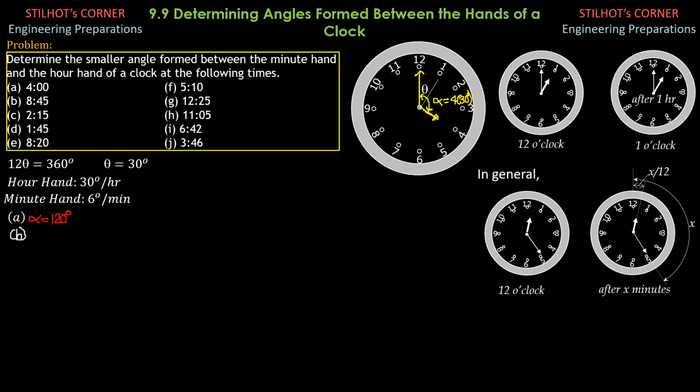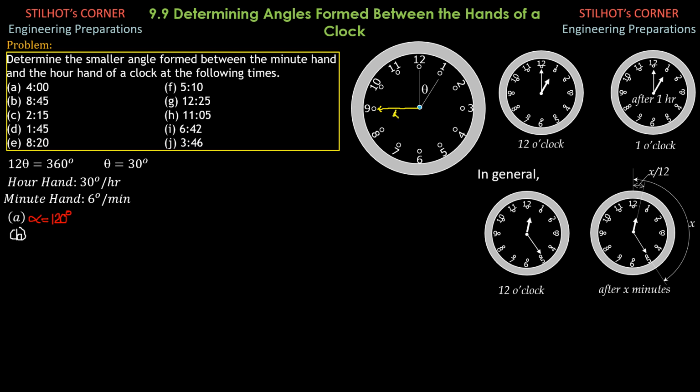Then for part B, I will erase these drawing annotations. 8:45, so let's draw a clock which reads 8:45. So at 8:45, the minute hand should point to the 9 mark. So that's the minute hand.